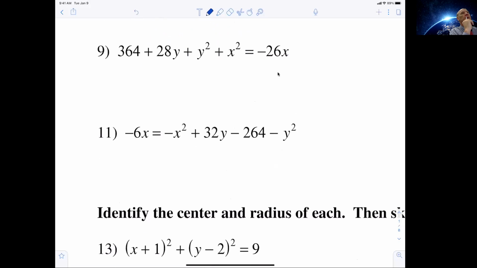Now we have a problem here because it's not written in the proper format. We have to recall way back last year when I was teaching you how to solve quadratics. We solve quadratics by factoring, by the quadratic formula, and also by completing the square.